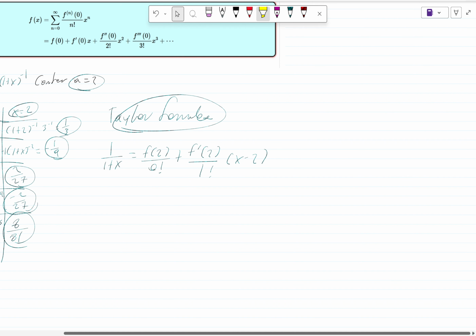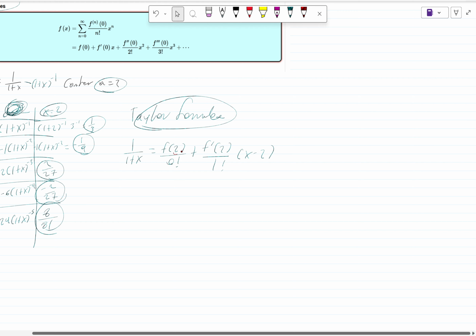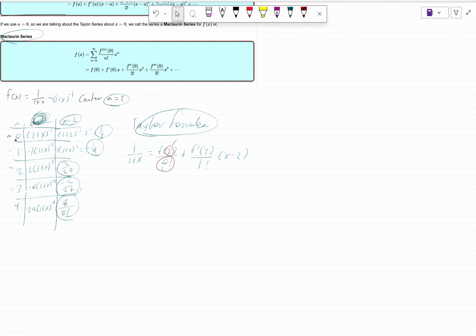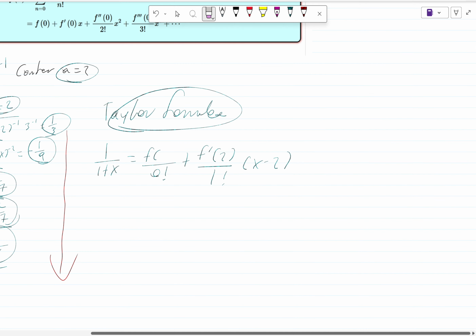Are you guys lost? Okay, if you're lost, let me explain it carefully. The 2 here comes from x equals 2. Now the 0 here comes from the 0 over here. Now you're tracking? We're just going down, down at the same time. Pretty easy. You will see the pattern after this.